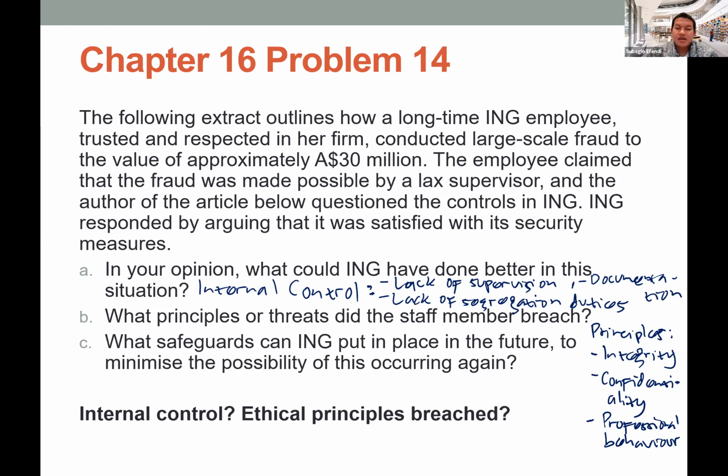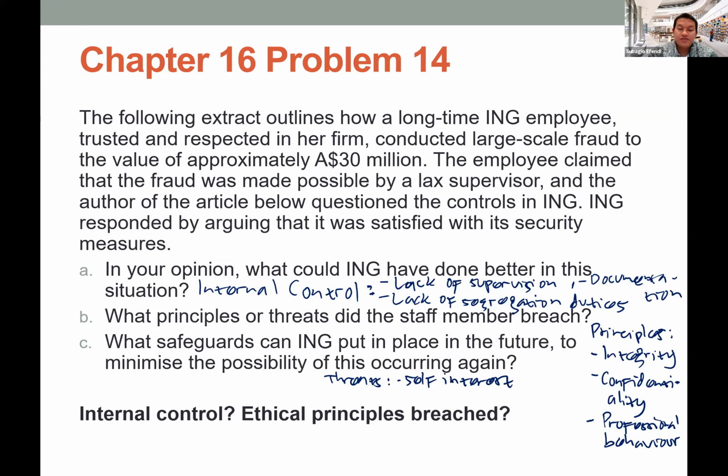What about the threats? What threats appear in this case? Obviously, we have self-interest. The employee has self-interest to steal the company's money.